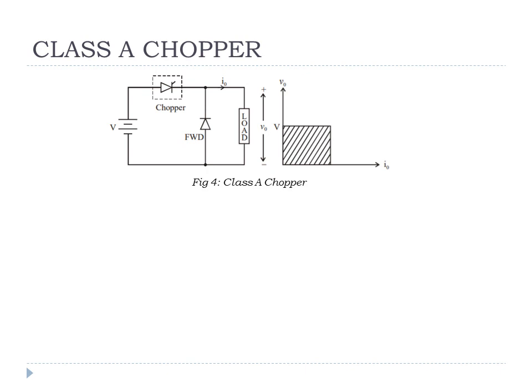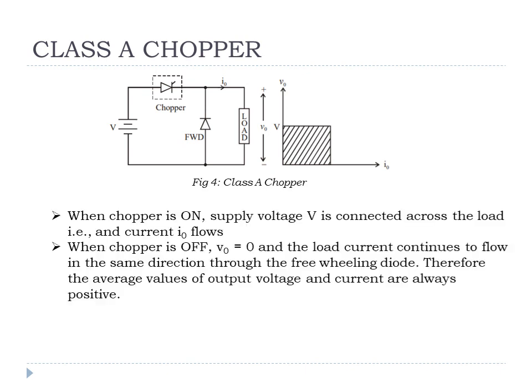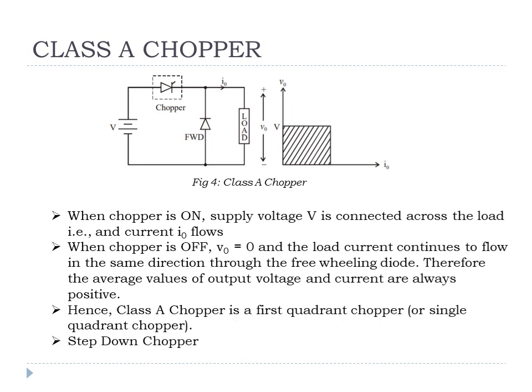So if on the x-axis we take current and on the y-axis voltage, in this case both voltage and current are positive and current is flowing into the load, so we take it as the first quadrant operation of the chopper. We already know the working of this, and the first quadrant operation of chopper is also known as step down chopper.